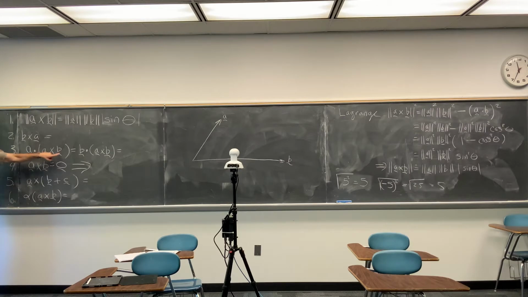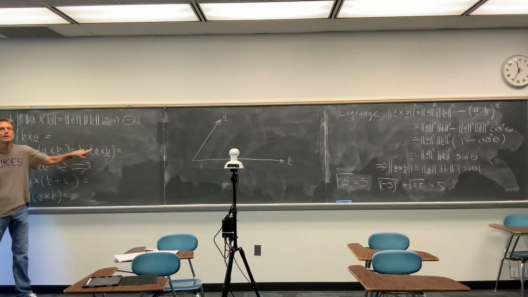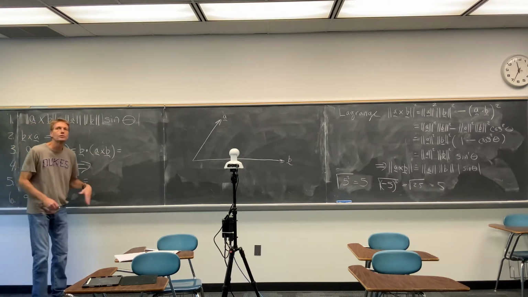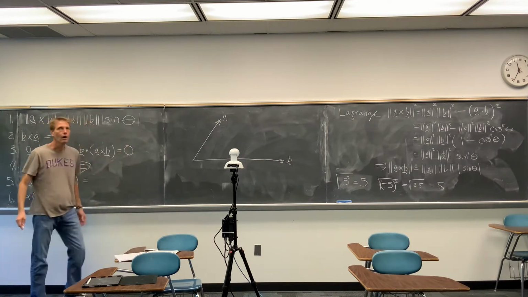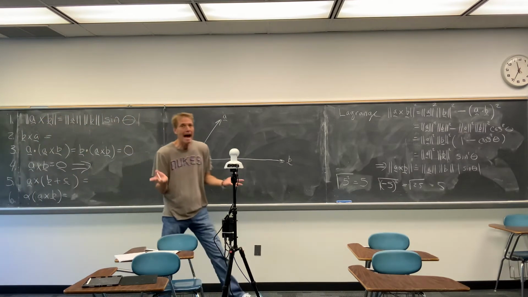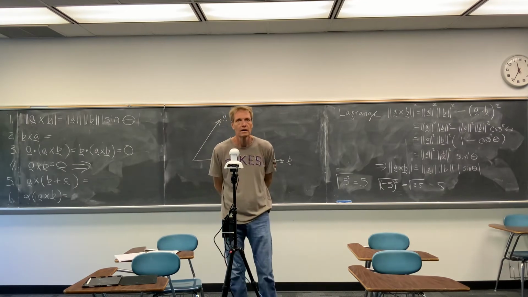A dot A cross B, the scalar, equals the scalar B dot A cross B, which is equal to the number 0. You can prove that. I can ask you to prove that on the second quest.